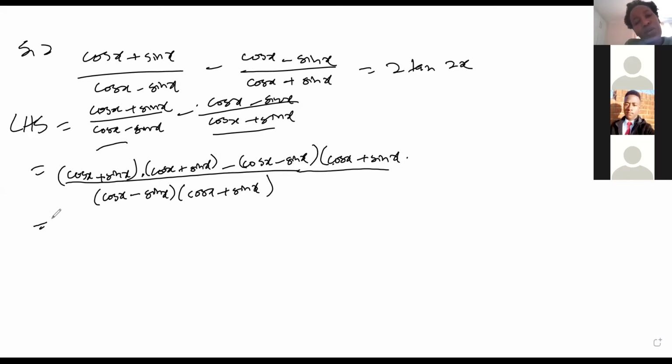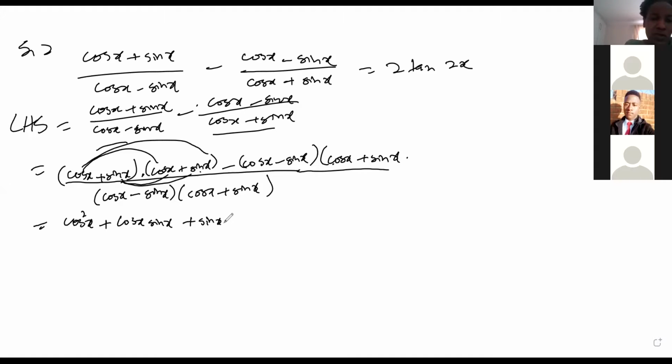Now we can simplify these. I'm going to multiply the brackets: cos squared x plus cos x sine x plus sine x cos x plus sine squared x.